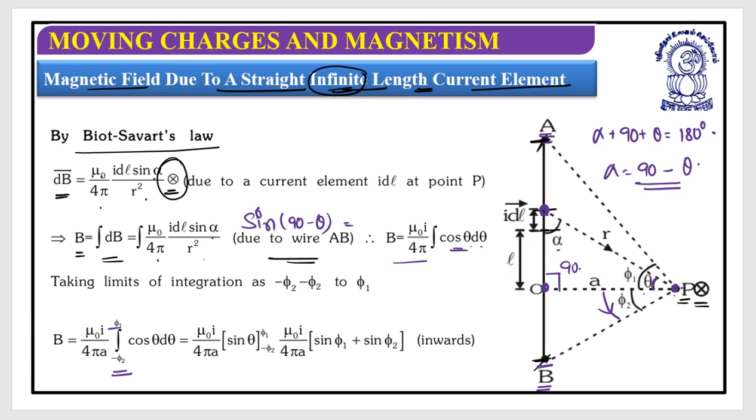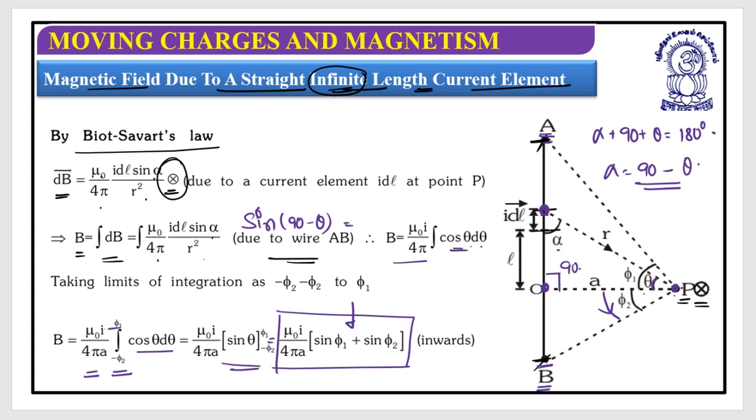So I integrate mu naught I by 4 pi a cos theta d theta, where the upper limit is phi 1 and the lower limit is minus phi 2. Replacing the values, it would be mu naught I by 4 pi a into the bracket sin phi 1 plus sin phi 2, inwards. I hope this is clear.